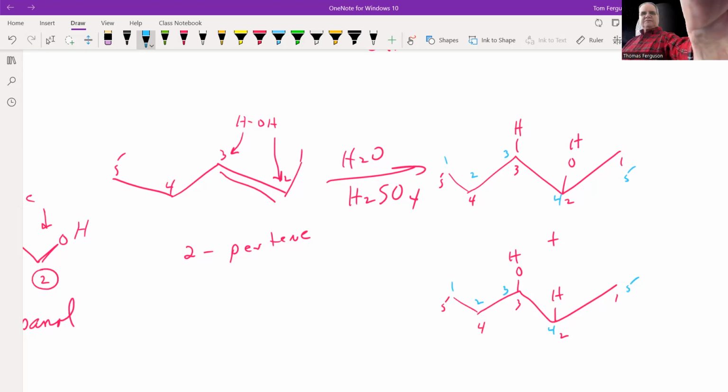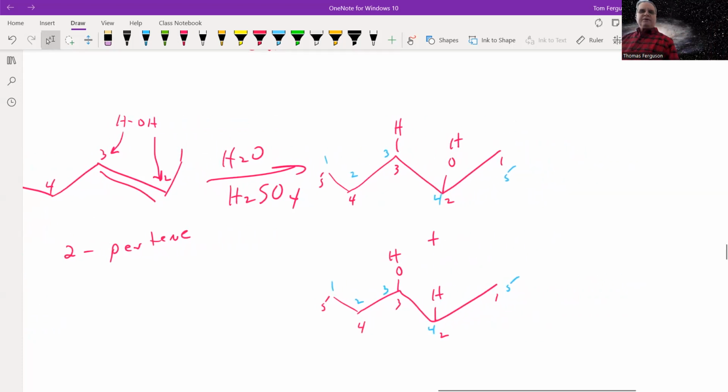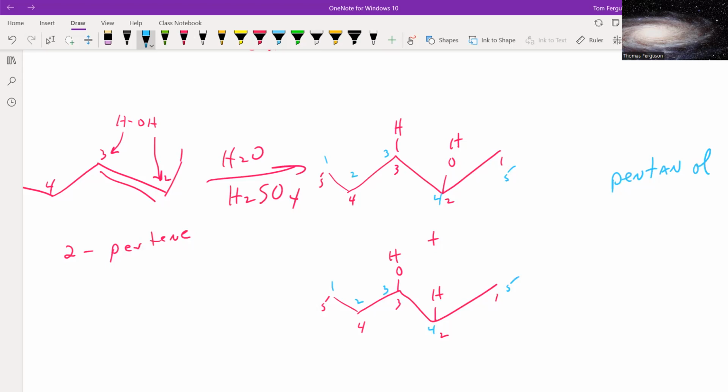Okay, so let's name our products. The top one, which numbering, blue or red? Red. So that's going to be 5 carbons. Alcohols, the functional group name is OL.